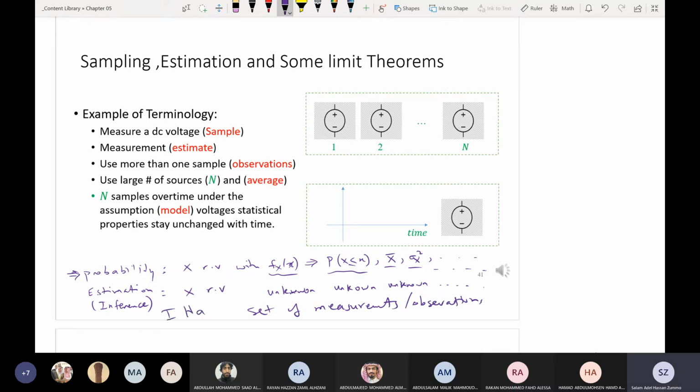I have instead a set of measurements, عددها N. Now I want to infer, أبغى استنتج X bar, sigma X square and so on. I want to infer or estimate X bar, sigma X square and so on.